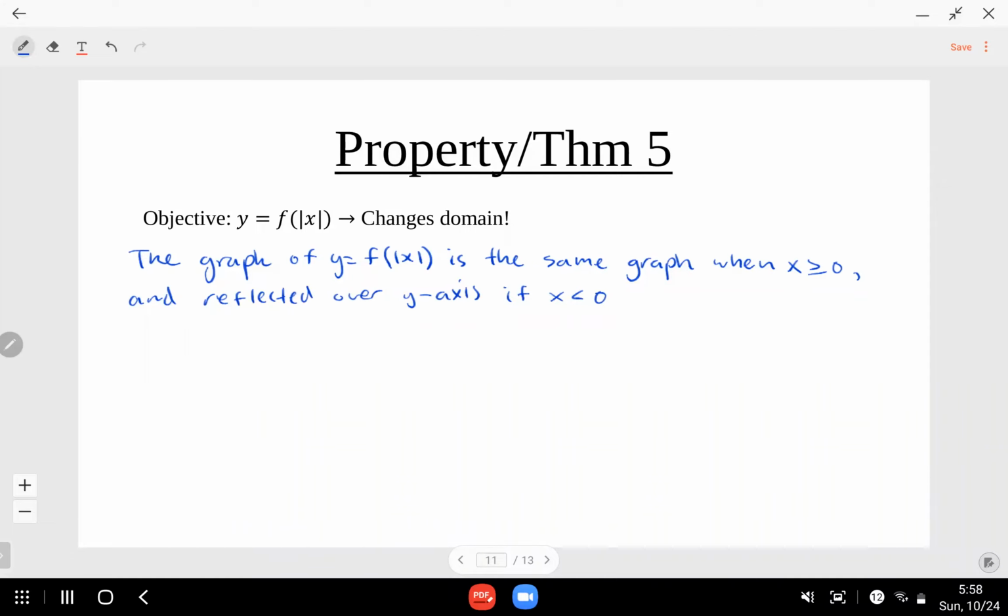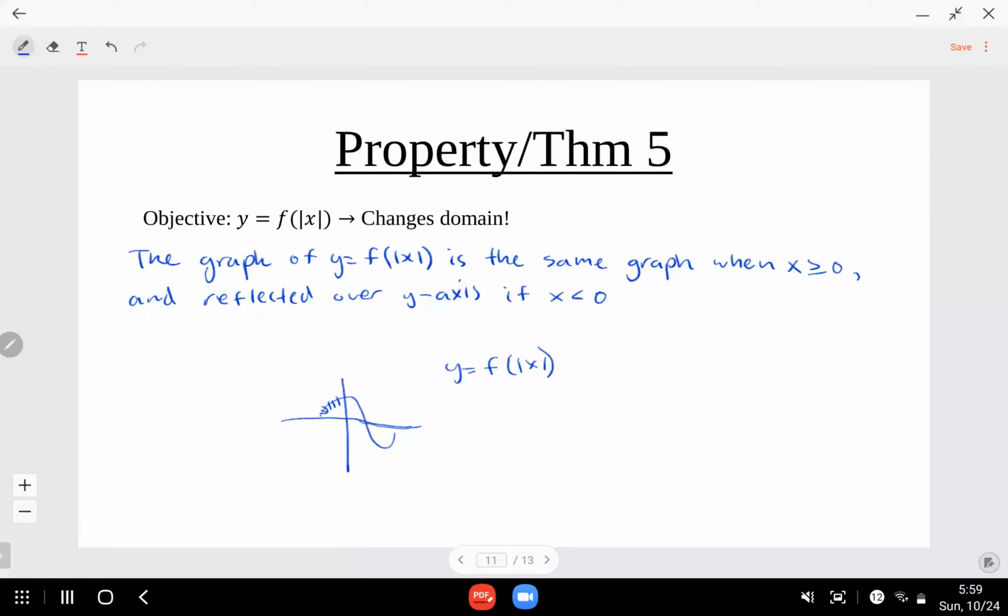Let me pull up a good example. What if you had a graph like this? One part is negative, and you're going to find y equals the absolute value of x. Since the absolute value of something cannot be negative, you can exclude this part.